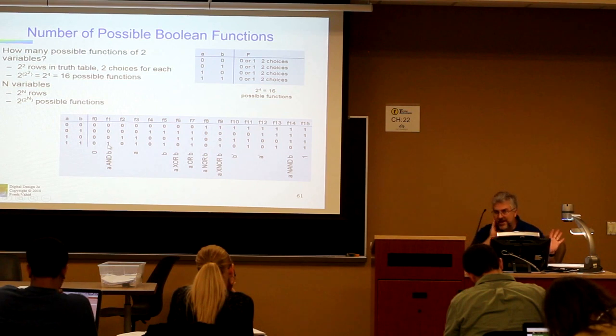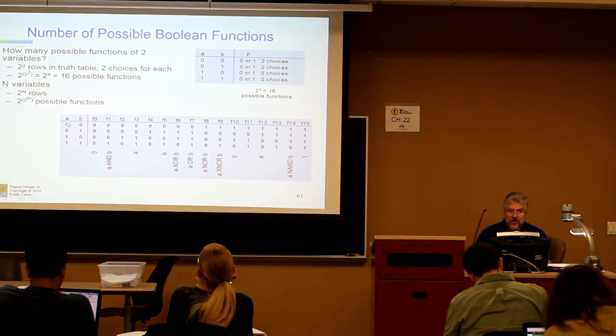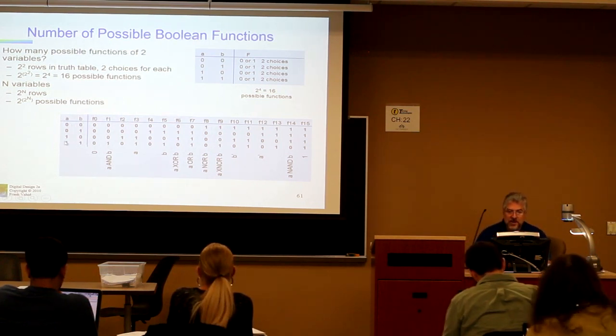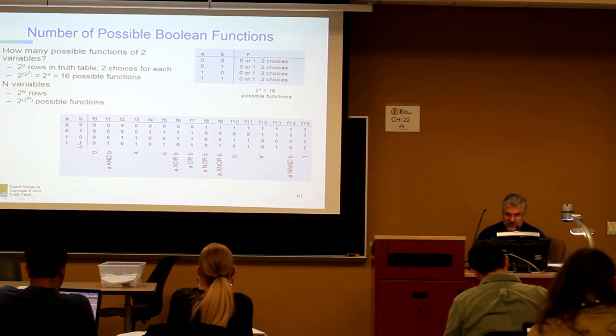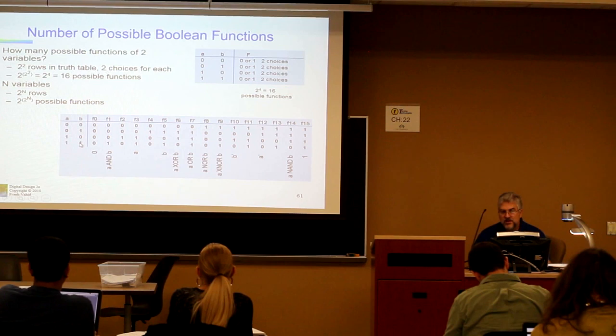Okay, let me go back and say this. There are 4 different combinations of this, and because there are 4 different combinations of this, each one of these has 4 different ways or possible functions from it.